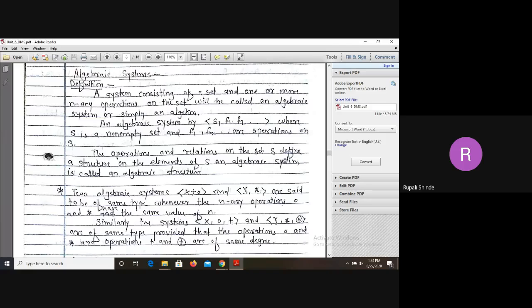So here if this composition operation is a binary operation, then this star operation should be a binary operation. Then only we can say that these two algebraic systems are same. Again, if this composition is a ternary operation, then star must be a ternary operation. Then only we can say that these two algebraic systems are same.